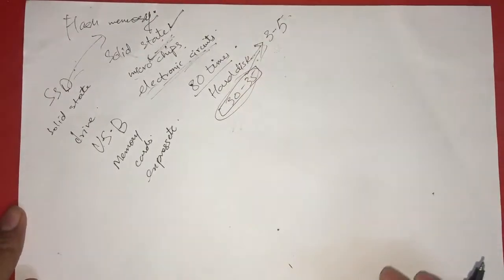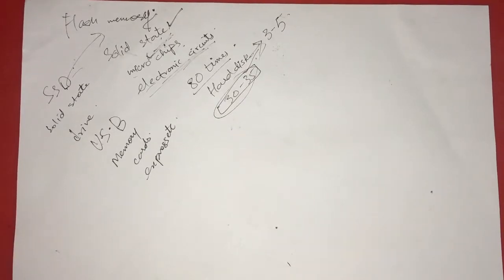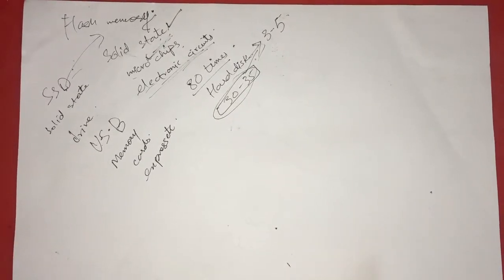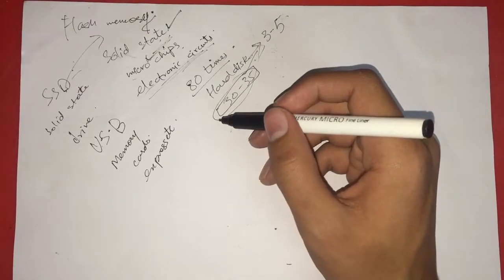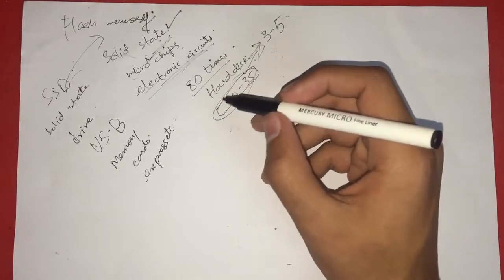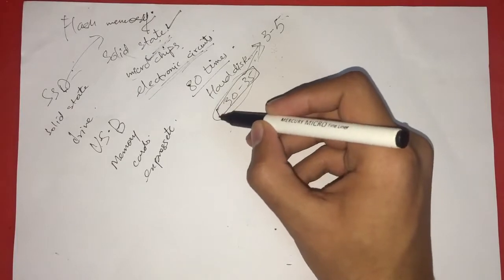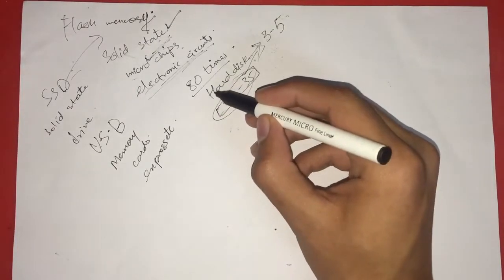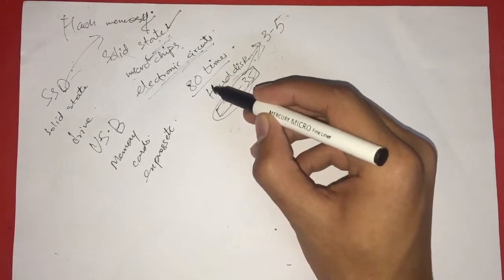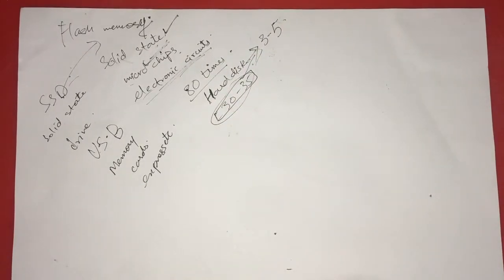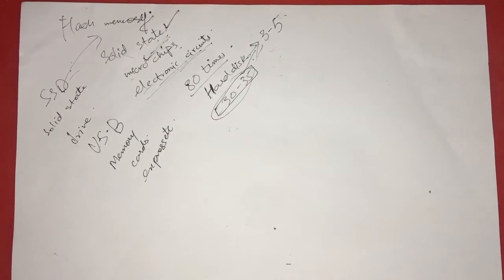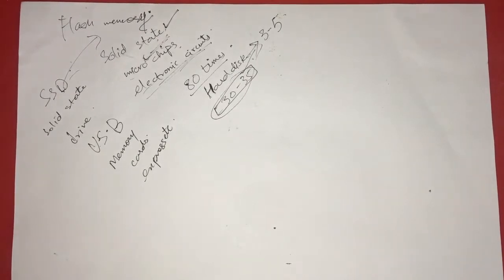But the only con of a solid state drive is that it's not really that reliable or safe, because a hard disk drive is where you can store your data and information and trust that it won't get erased or damaged that easily.